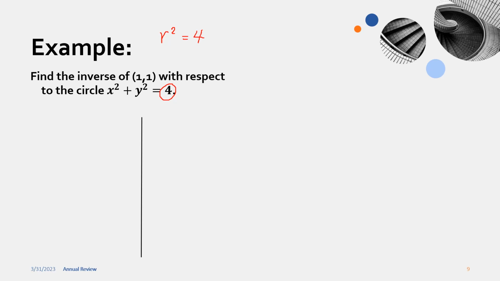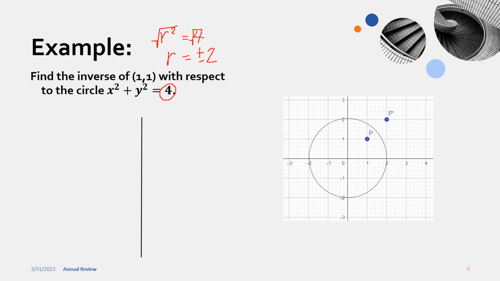So to find the length of our radius, what we're going to do is square root both sides of this equation. Now the value of our r, or the radius, is positive or negative 2 units. Now let's illustrate the circle in a coordinate plane wherein our point is at (1, 1).